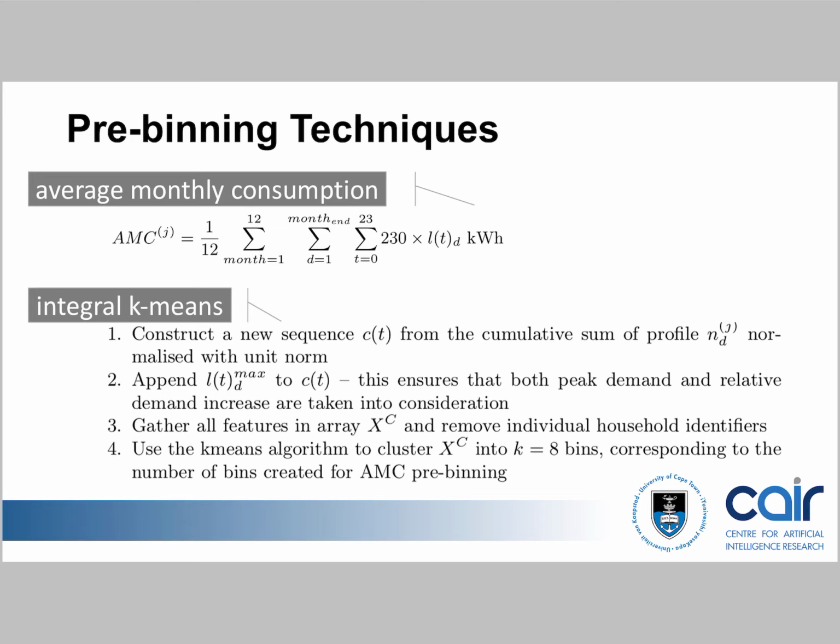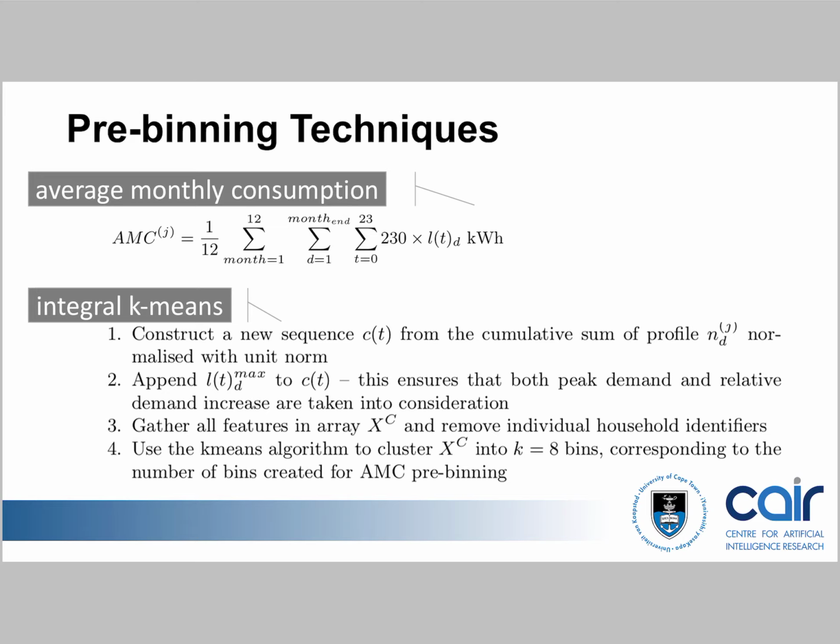We tried 2 different approaches to pre-binning. The one was that we split the data set based on average monthly consumption, so households that had the same average monthly consumption, their load profiles were clustered together.